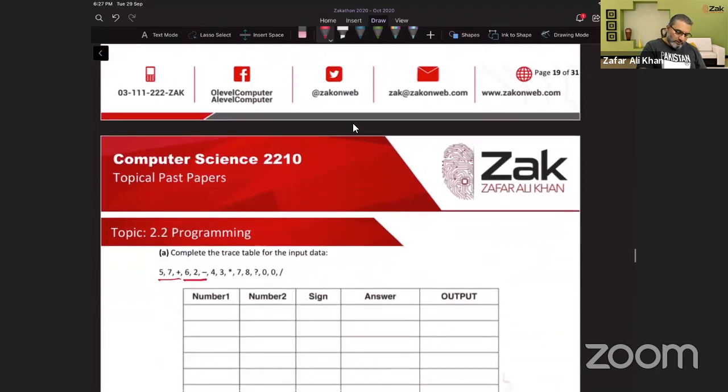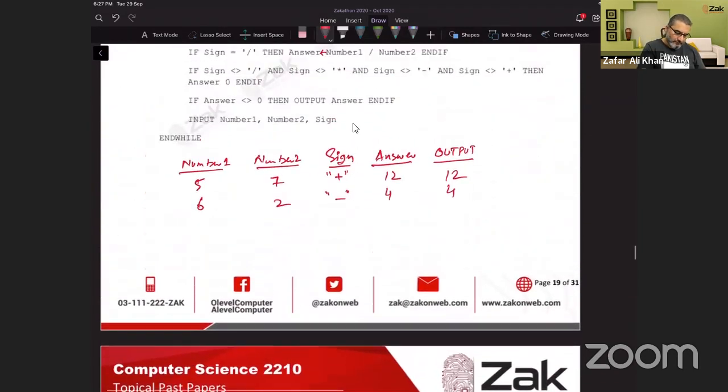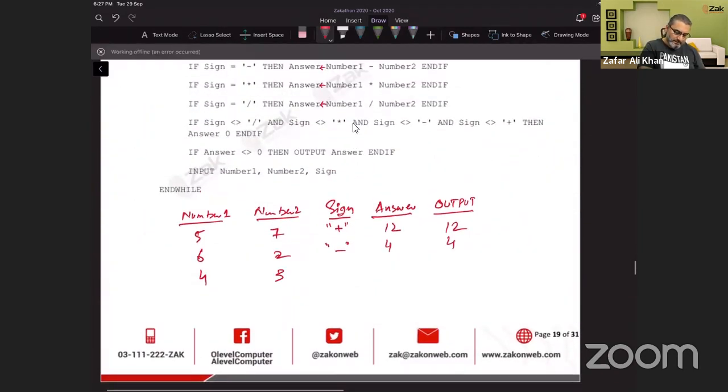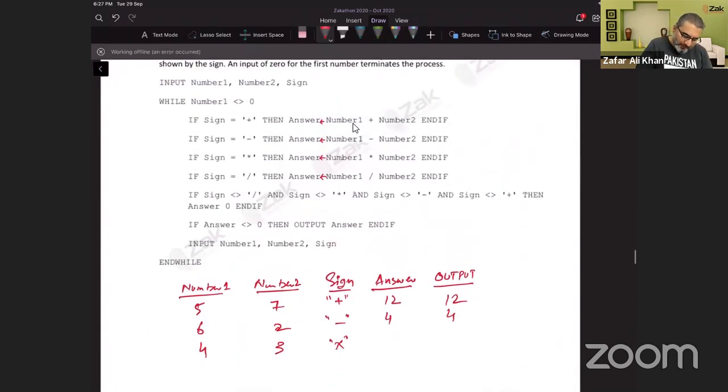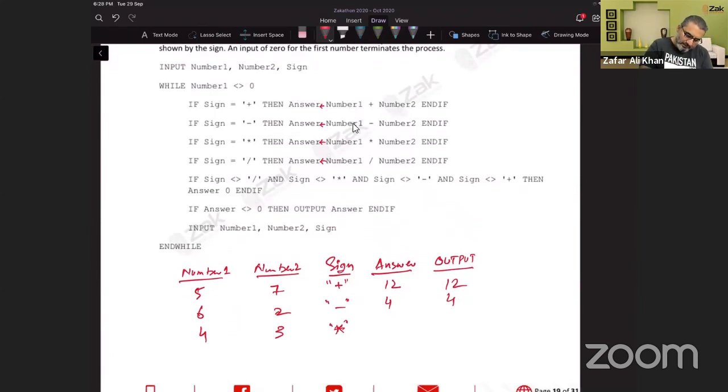Third one is 4, 3 multiply. So if sign is multiply, then number 1 times number 2, so answer is 12.